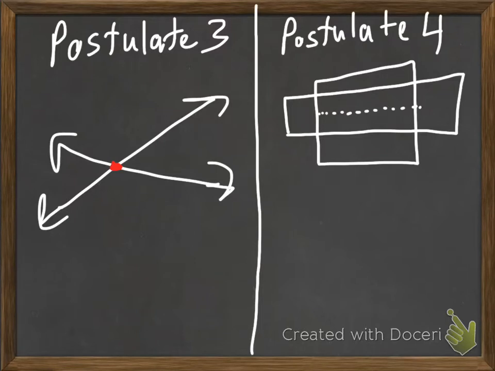So it's probably not going to be just one point. You see all these dots here kind of gave it away. It's a lot of points. And it's not just a lot of separate points, it's a lot of separate points together. What this postulate says is that if two planes intersect, then their intersection is a line.